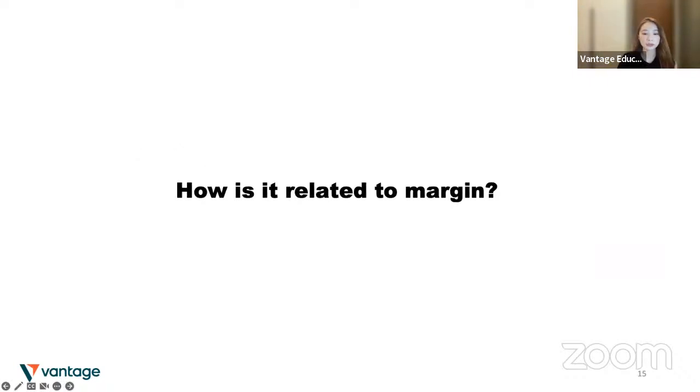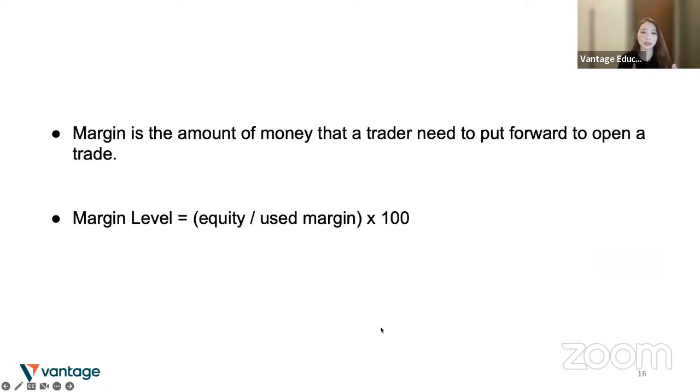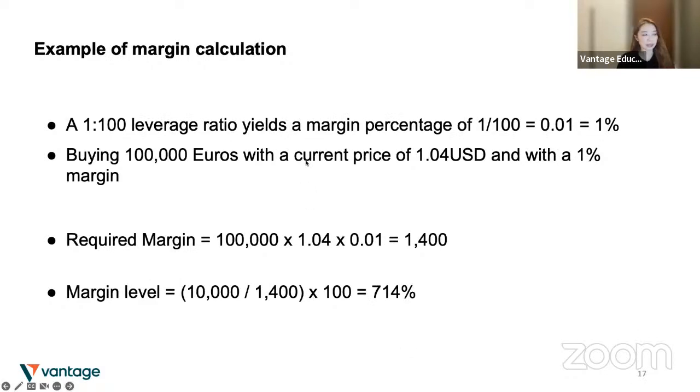So how is this related to margin? Margin is the amount of money that the trader needs to put forward to open a trade. So margin level equals equity divided by used margin times 100%. Just for example, using a 1:100 leverage ratio yields a margin percentage of 1 divided by 100, which is 1%.